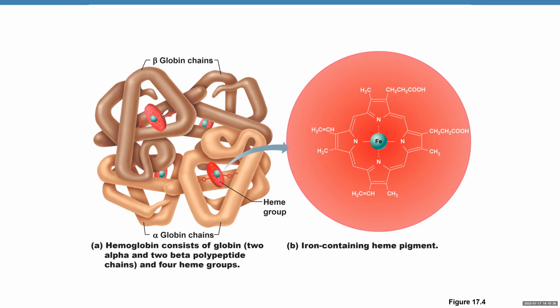Each polypeptide has a pigment, heme. Inside the heme, shown here in green color, that's iron. You can see iron in the middle, and that's the structure of heme. Now, each atom of iron can bind 1 molecule of oxygen. That means 1 molecule of hemoglobin can carry 1, 2, 3, 4 molecules of oxygen.